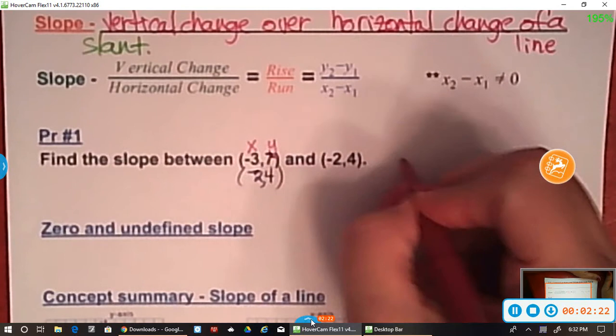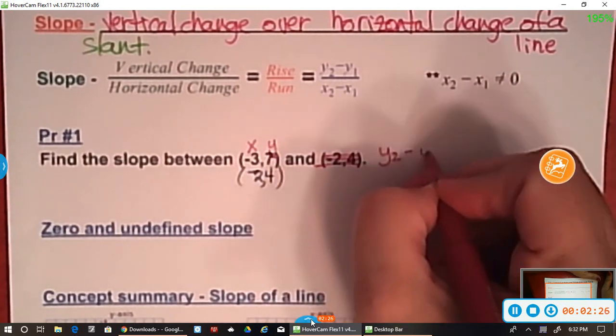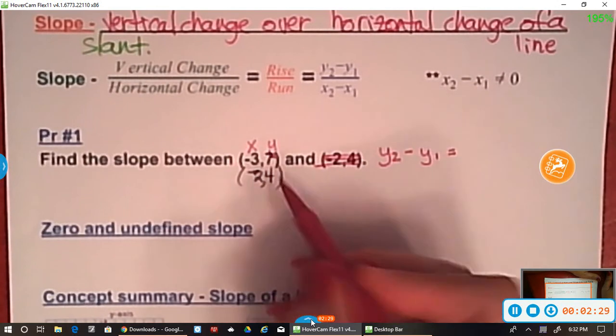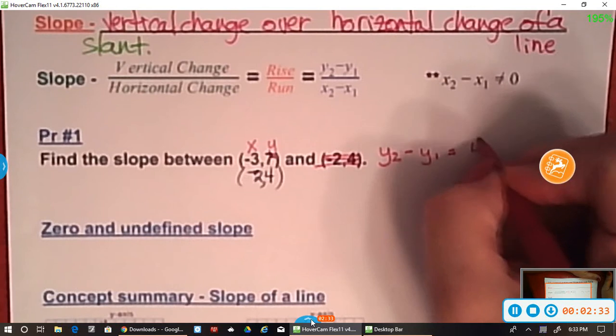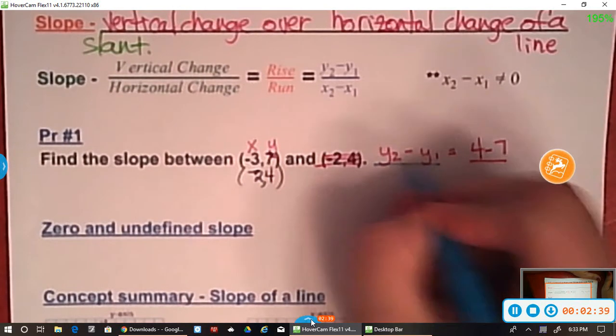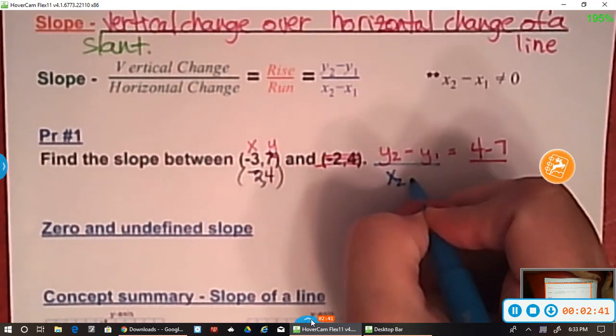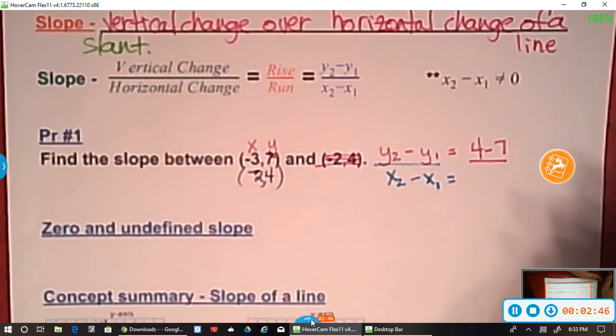Okay? The formula says, take the second y minus the first y. So my second y is 4, the first y is 7. And then on the bottom, it says that you should do x2 minus x1, or x sub 1 is the way you're supposed to read it.